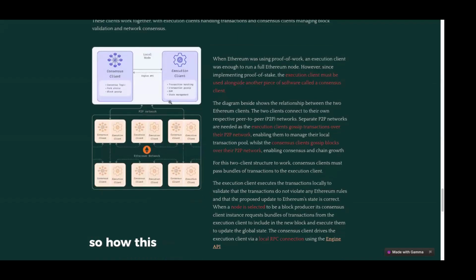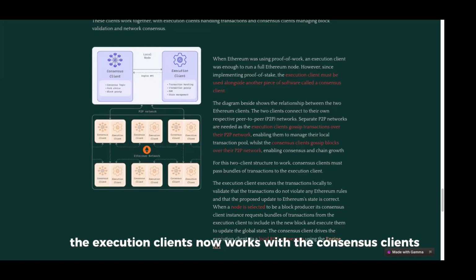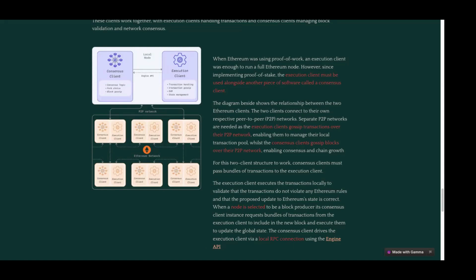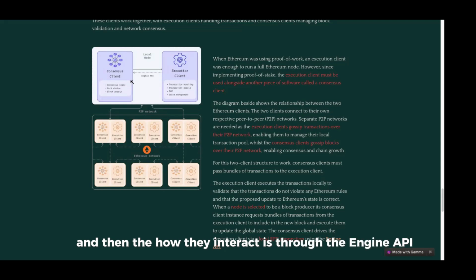So how this interacts, this is more like the architecture. Just like I said, the execution client now works with the consensus client after the merge, and how they interact is through the Engine API.